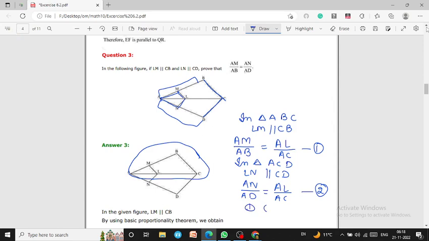From first and second equation we get both are same. These will be cut, and the remaining value we have AM over AB is equal to AN over AD, and it's proved.